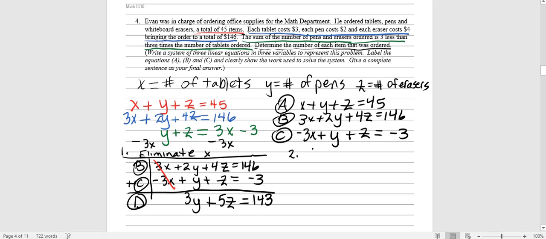My second step is to eliminate x again, and I'm going to have to make sure that I use equation A since I haven't used that yet.